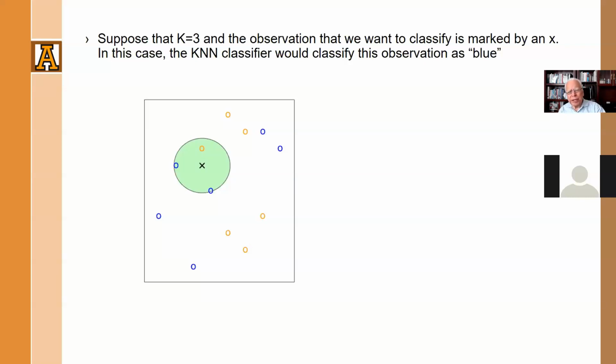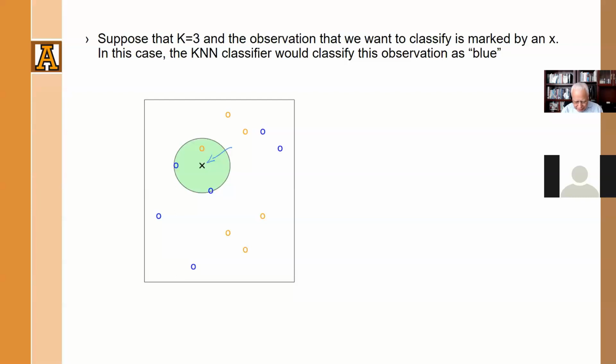Now, suppose that k is equal to 3, and let's suppose that the new observation is this one here, the little x. If k is equal to 3, it will search the 3 nearest neighbors to that new observation, and then estimate the proportion of those observations in this neighborhood that belong to the blue class and what proportion belongs to the yellow class.